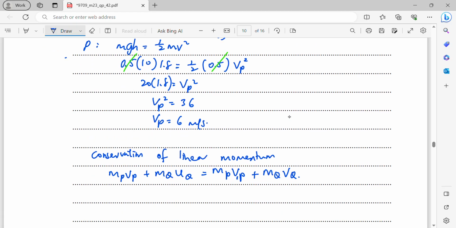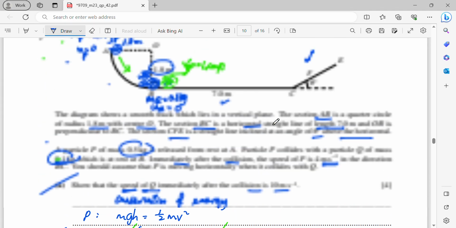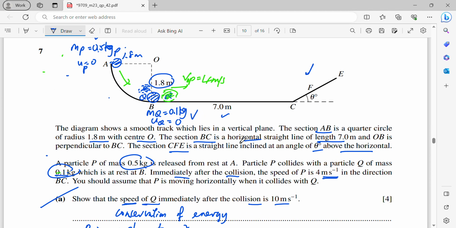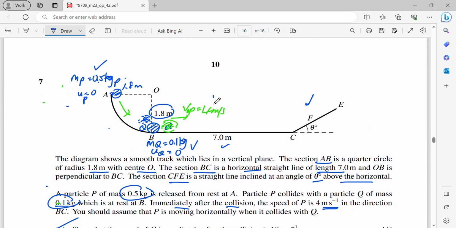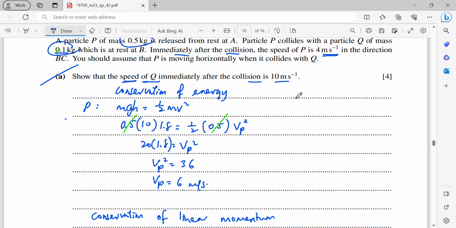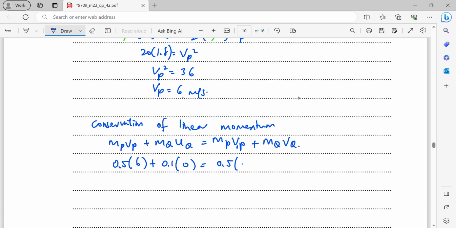So m_P is 0.5, v_P is 6, plus m_Q is 0.1, and u_Q is 0 because at first it is at rest. Now m_P is 0.5 and v_1P is given in the question, which is 4, plus 0.1 times v_Q.